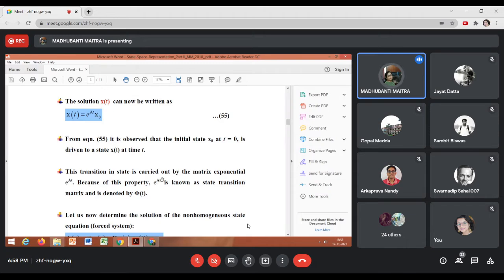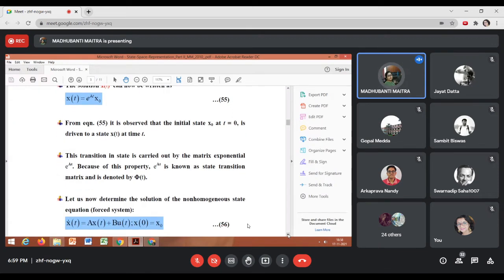So if we can compute e to the power At, and if we know the initial state, then we'll be able to find out any state of the system at some time t. That's why this matrix is called the state transition matrix and is denoted by phi t. So if we can compute e to the power At, then our purpose will be served. Is that clear?